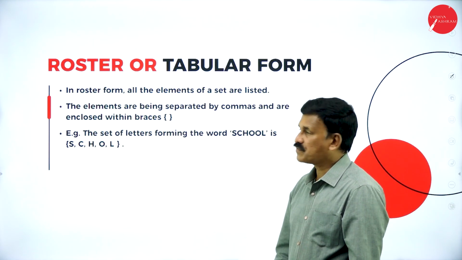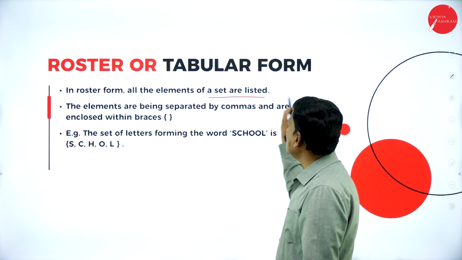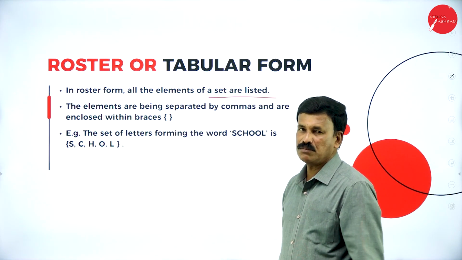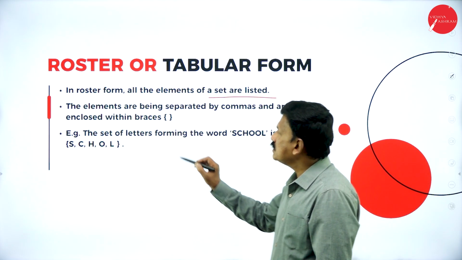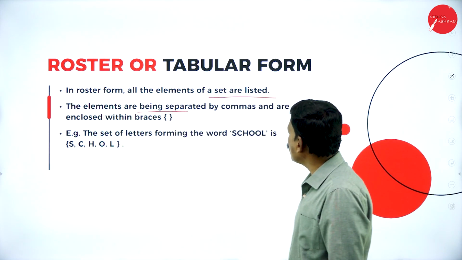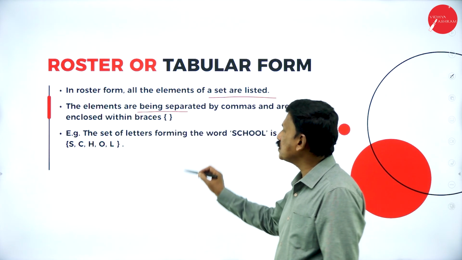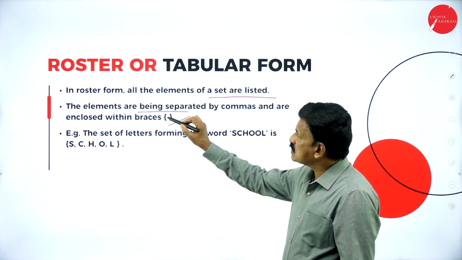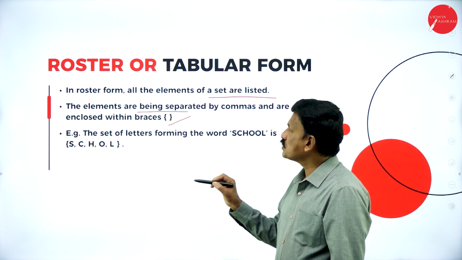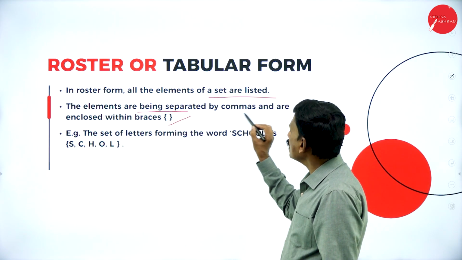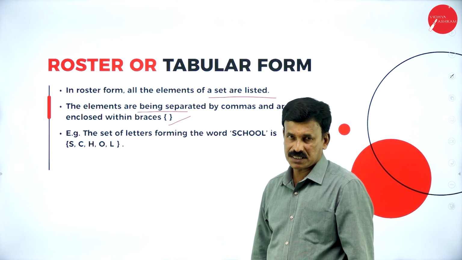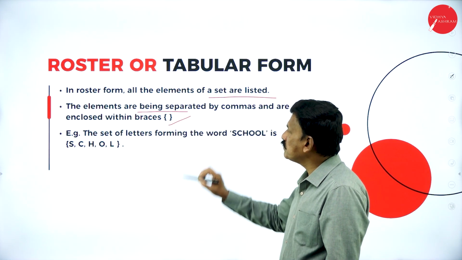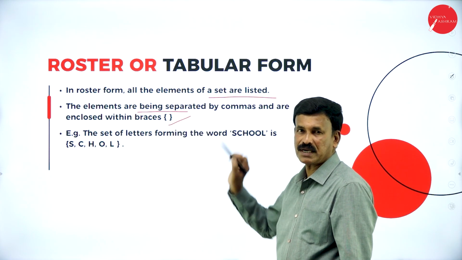In roster form, all the elements of a set are listed, separated by commas and enclosed between two flower braces like this.